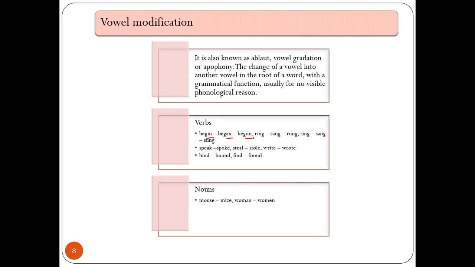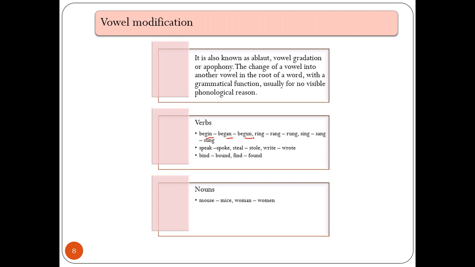Total modification or partial? So it is basically partial modification. And the next point is whether it is consonantal modification, stress modification, mixed modification, or vowel modification. So it's basically vowel modification. Only the vowel is changed, and just because of that we have achieved another form of the word. So this is an example of vowel modification.